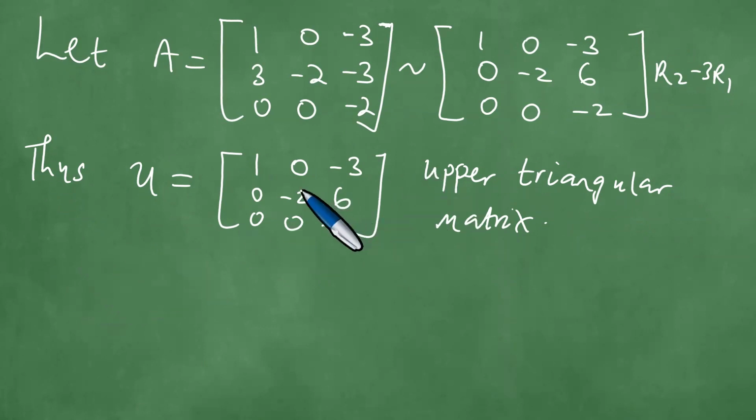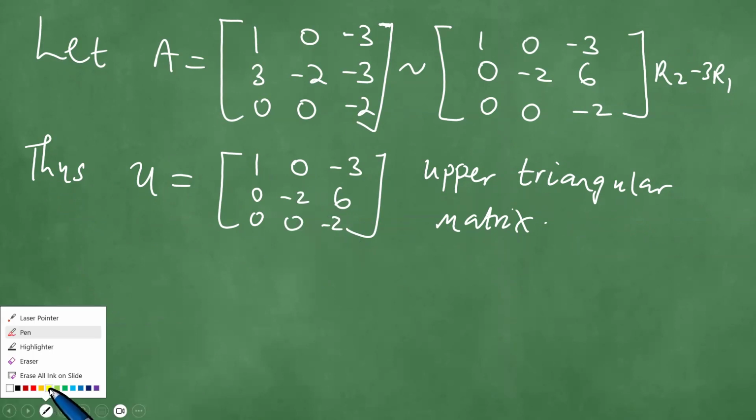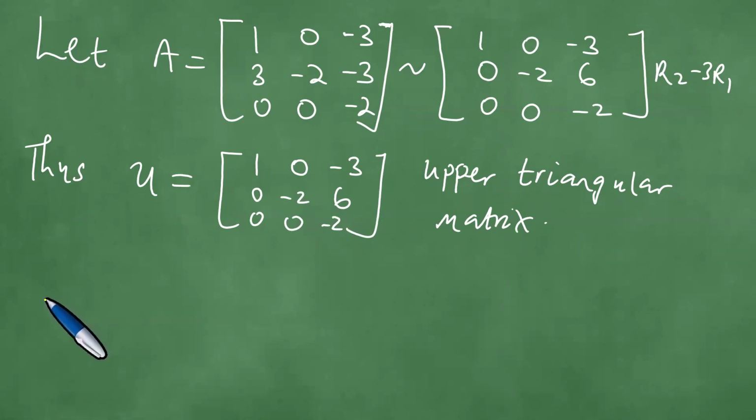Now that we're able to achieve this matrix, we want to be in a position to obtain the elementary matrix that is required. So we have the following.